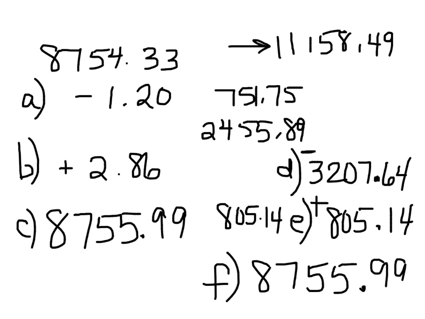Then for part B, it says your statement balance, outstanding checks, outstanding deposits. Why is F and C the same thing? This is what you have on your check register currently. Like if I were to take my checkbook out, which I don't even have my checkbook on me, but if I had my checkbook, the thing that you write all the different things down on, that's what this number is.